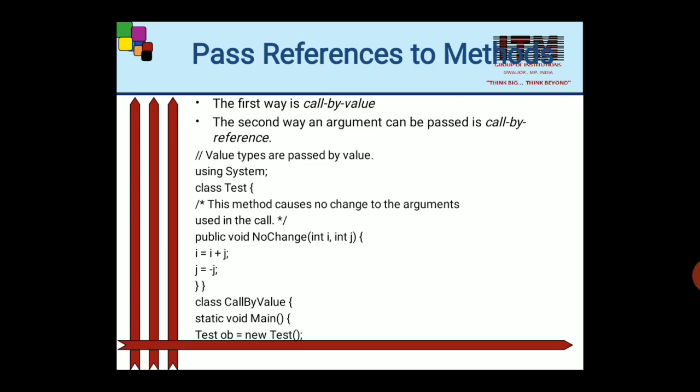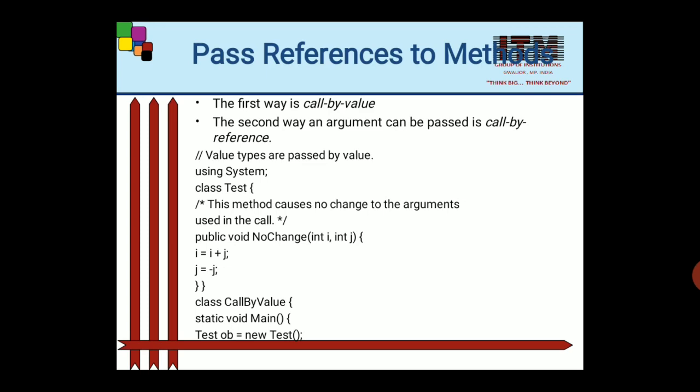By default C# uses call by value, which means that a copy of the argument is made and given to the receiving parameter. So when you pass a value type such as int or double, what occurs to the parameter that receives the argument has no effect outside the method.